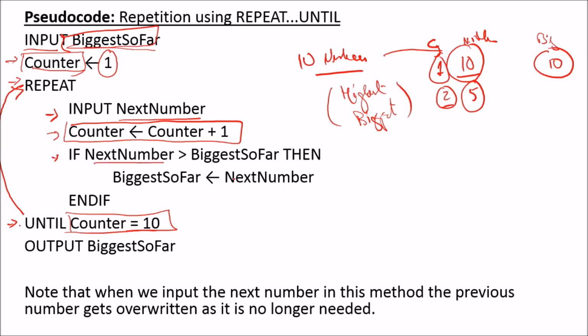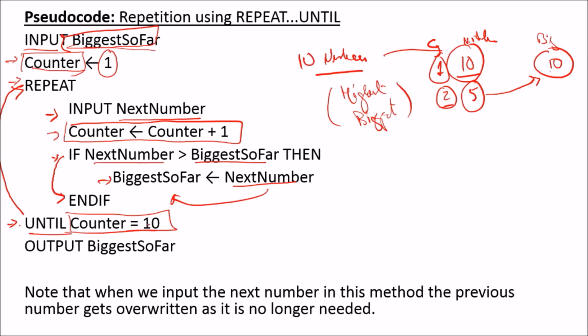If next number is it greater than biggest number, क्या ये जो next number है क्या biggest number से बड़ा है? अगर बड़ा है तो biggest number में next number को क्या कर दो? Store करवा दो. But that is not bigger. So 10 में क्या रहेगा? It is going to skip and else. And if पे चला जाएगा.